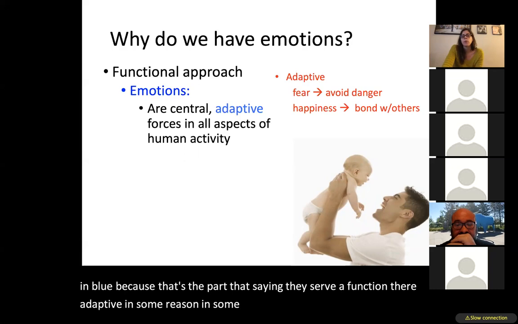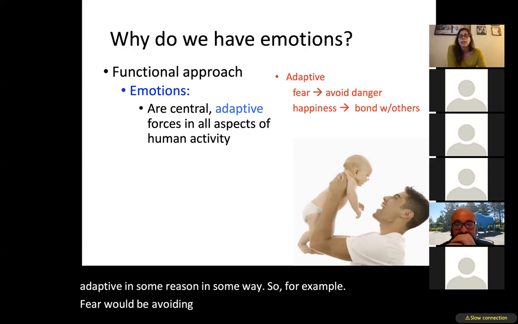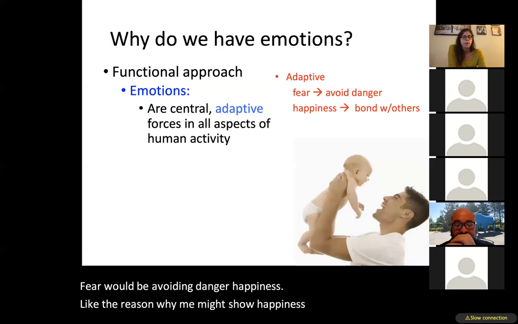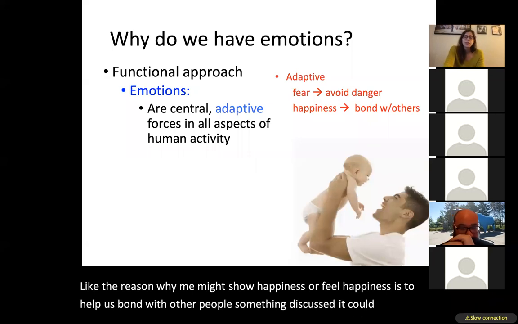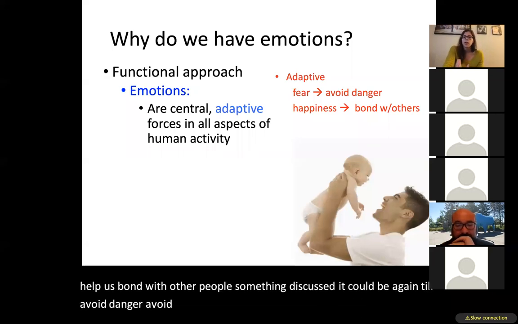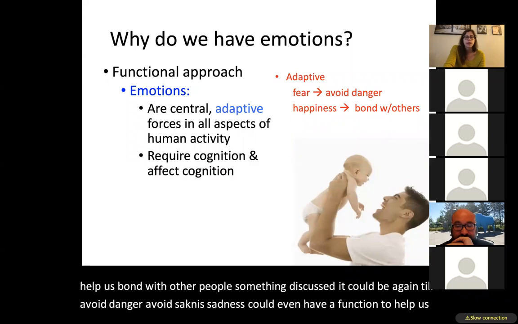So for example, fear would be avoiding danger. Happiness, the reason why we might show happiness or feel happiness is to help us bond with other people. Something like disgust could be, again, to avoid danger or avoid sickness. Sadness could even have a function to help us also bond with others, but that's not happiness, okay?